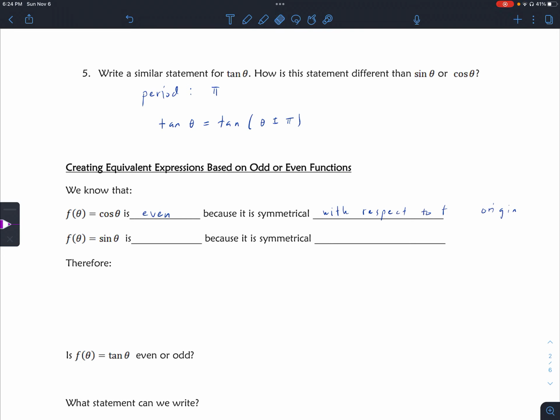Actually, sorry, not with respect to the origin, with respect to the y-axis. It has line symmetry. It's a mirror image.